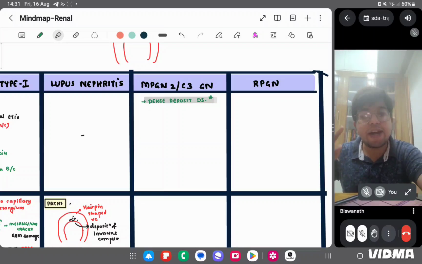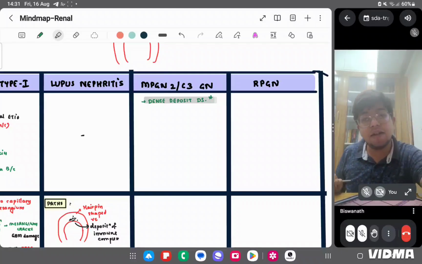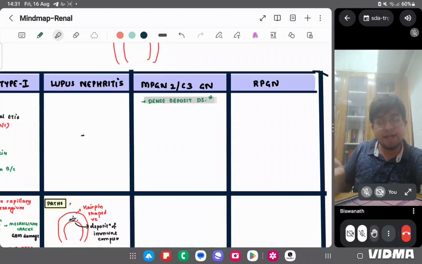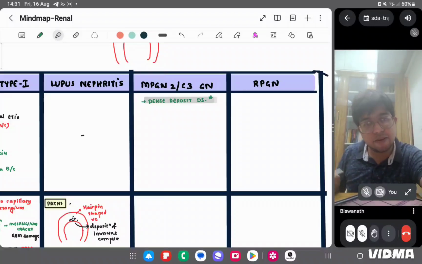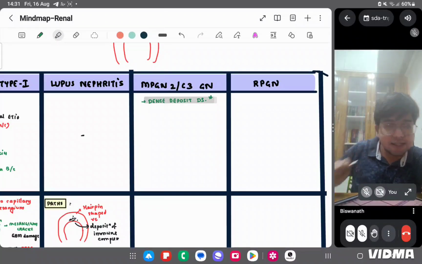C3 nephritic factor is stabilizing the C3 convertase. Okay, excess of everything is bad, right?